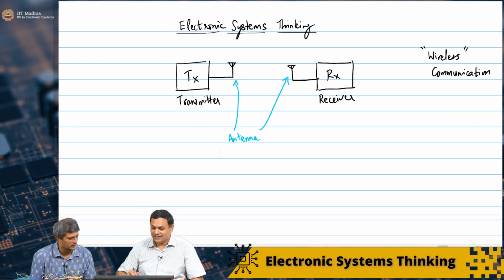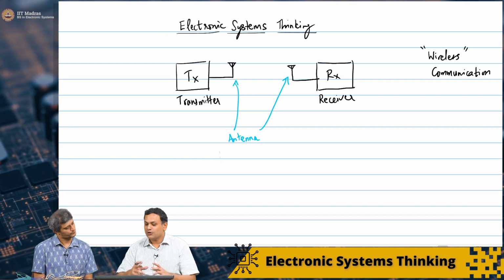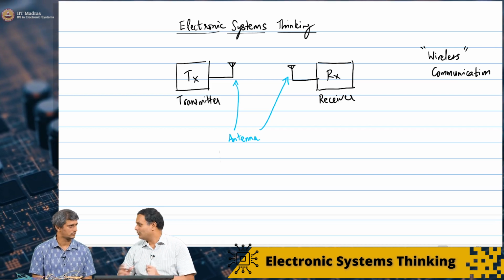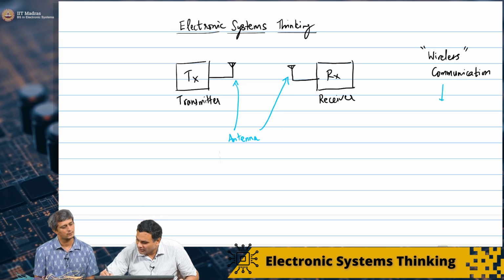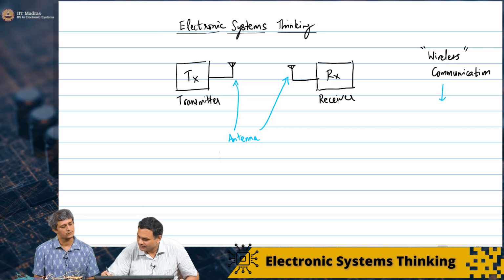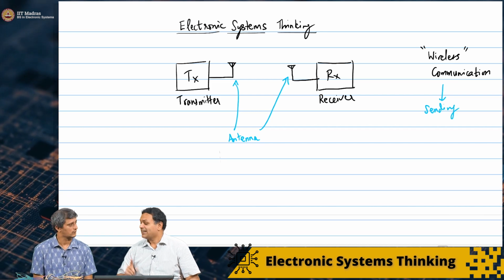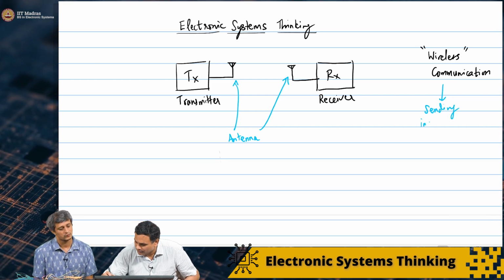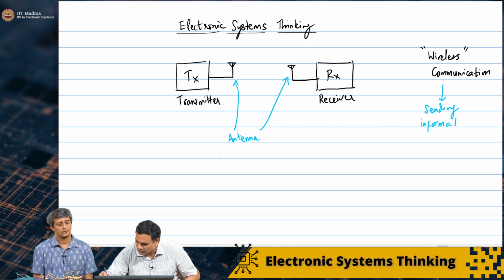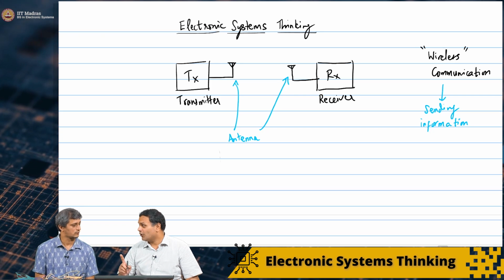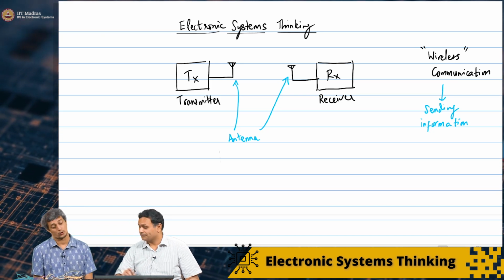The first thing to know is that in what we call traditional wireless communication, you are sending information in the form of electromagnetic waves.